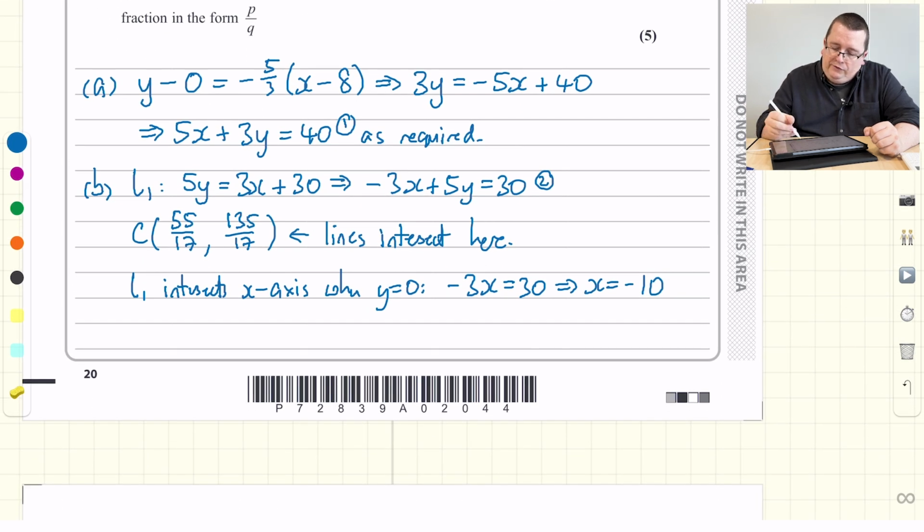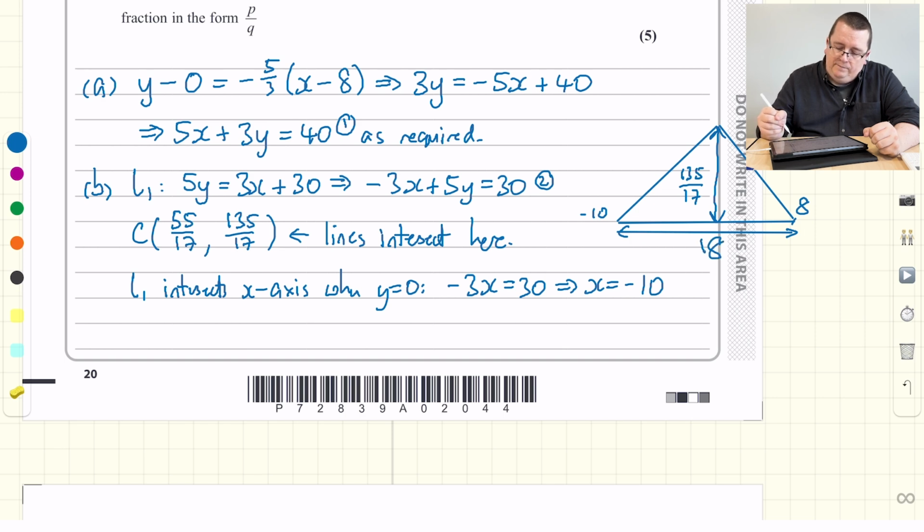Okay, so my triangle looks something like this, where this vertical distance is 135 over 17, and this distance here, remember, is going from 8 to minus 10, and so that distance is going to be 18.